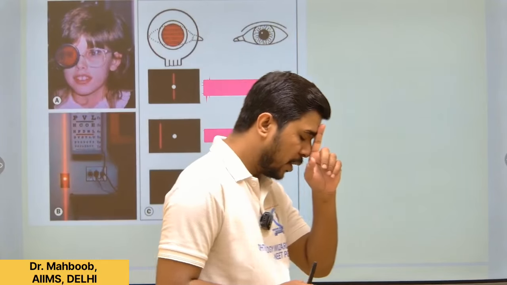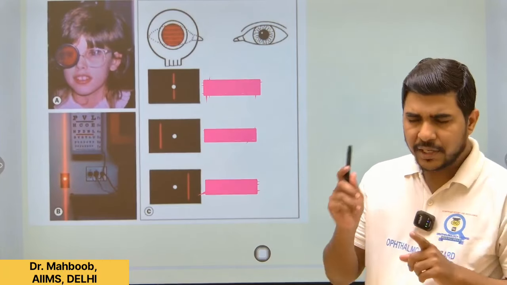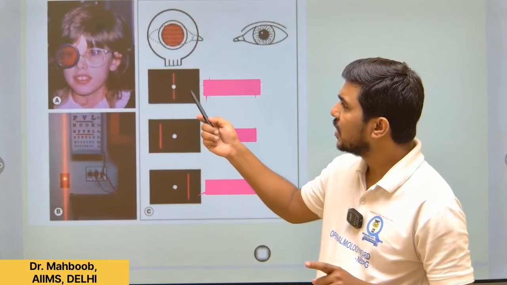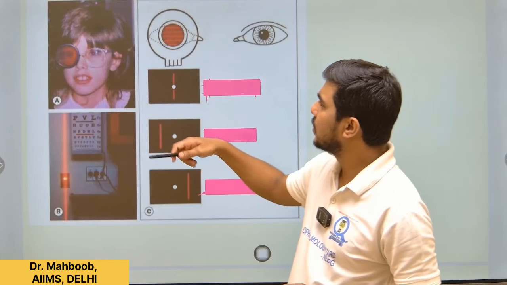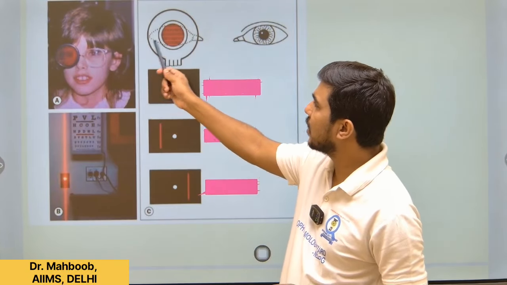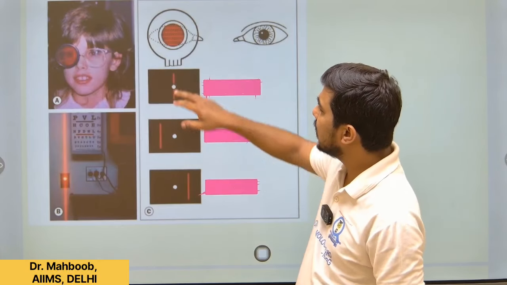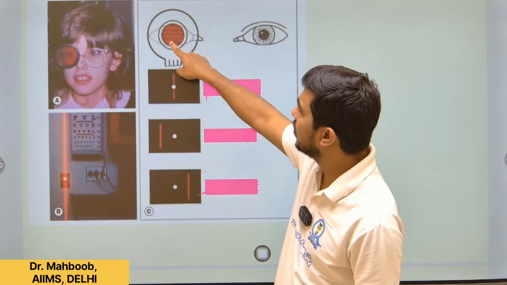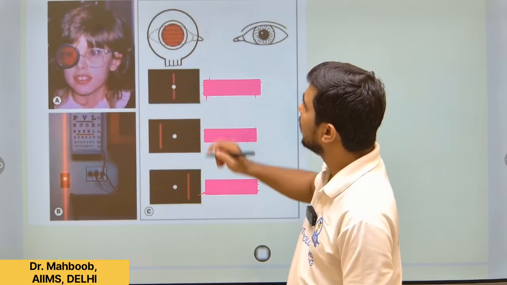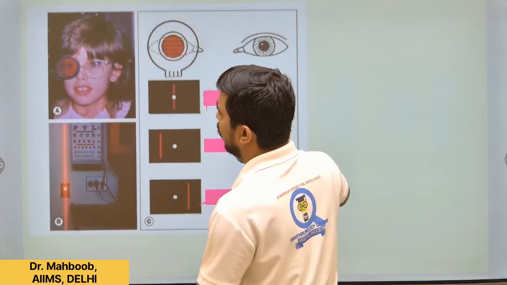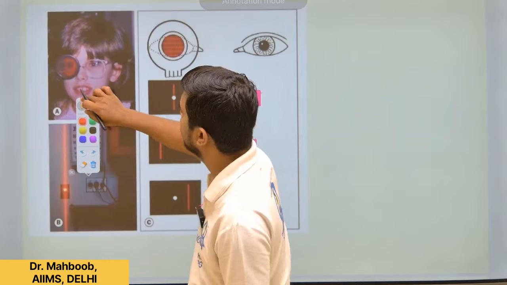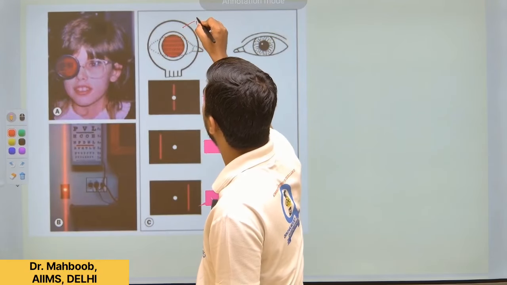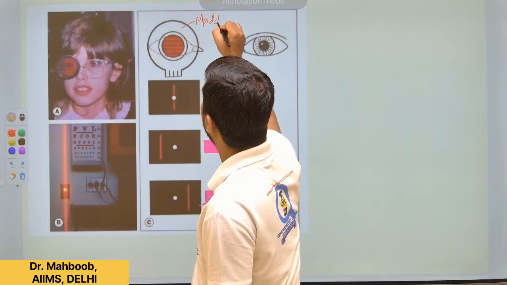Now this is very important. There is a red green glass. You can see red glass, no glass. Actually, it's not a glass, it's a rod. You see there is some cylindrical rod here. This is called the Maddox rod.